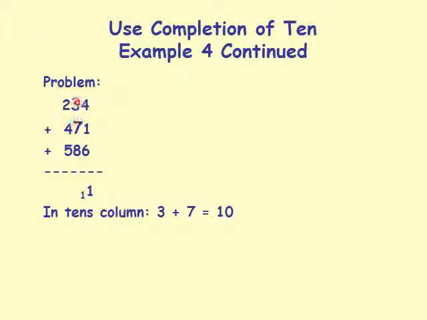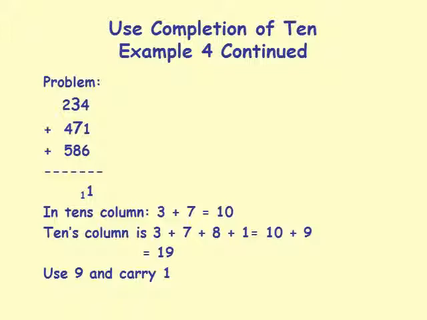So in the tens column, 3 plus 7 is 10. Okay, and the whole thing is 3 plus 7 plus 8 plus 1 from the carry, which is 3 plus 7 is 10, 8 plus 1 is 9, 10 plus 9 is 19. So we are going to use 9 in the tens column and get a carry for the hundreds column.